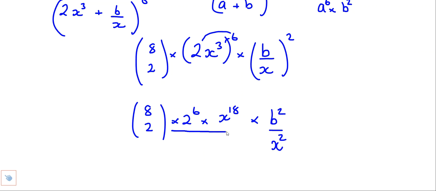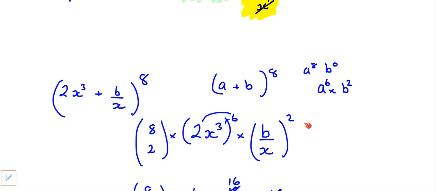Now, because it's all divided by x squared, the x squared can cancel with these x's. So this would become x to the power of 16. Alright? Does that make sense? So I would be left with just whatever this value is, times 2 to the power of 6, times x to the power of 16, times b squared. That would be all. Right?